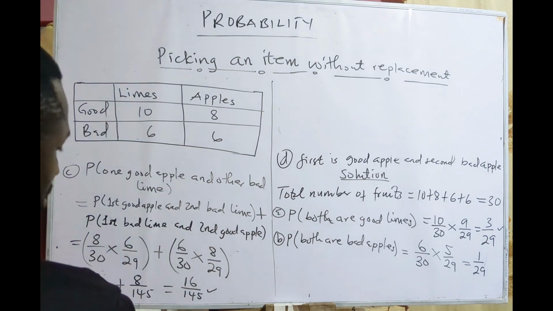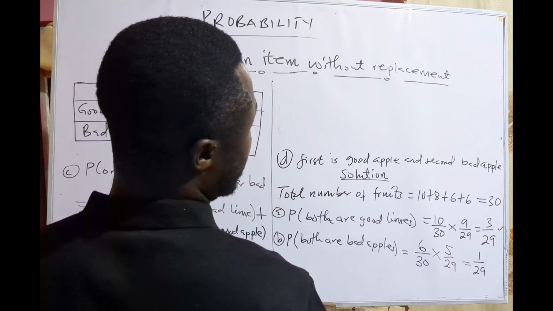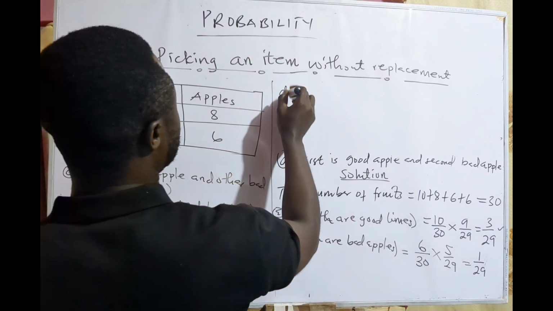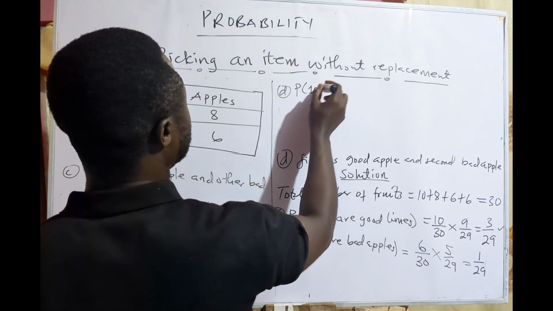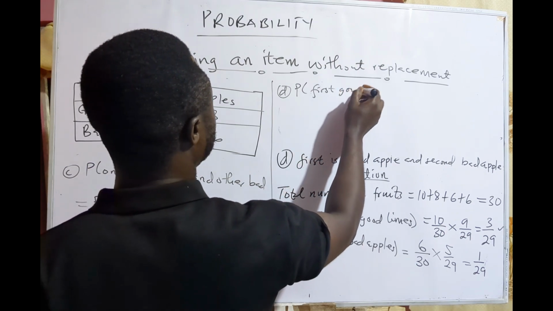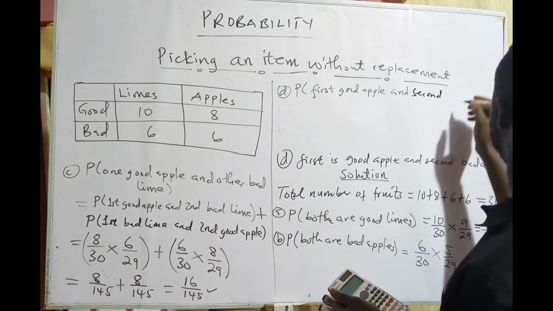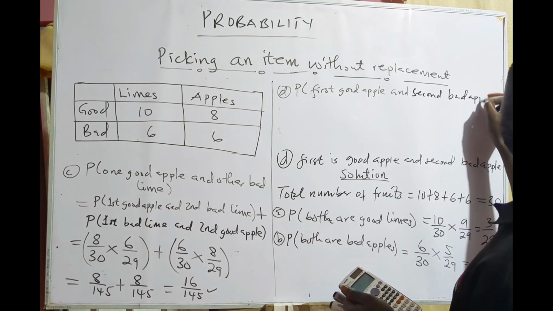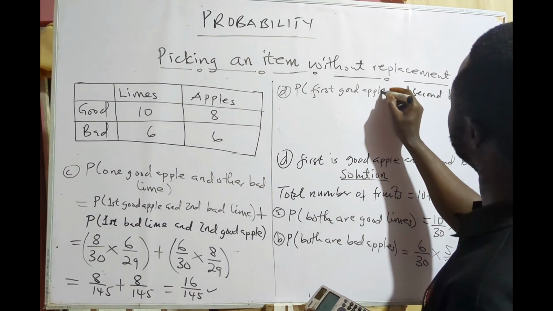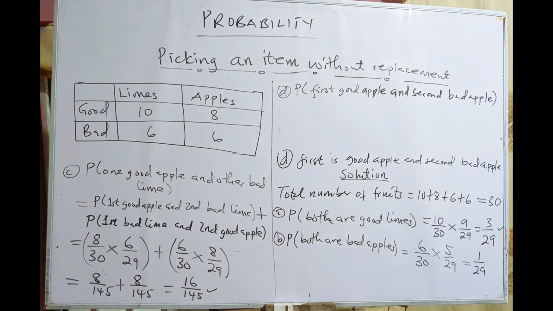All right, the last one. First is a good apple and second is a bad apple. So the probability of first a good apple and second a bad apple.